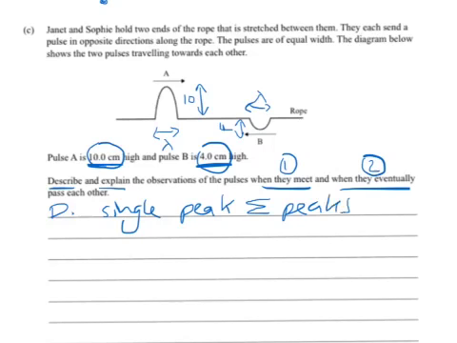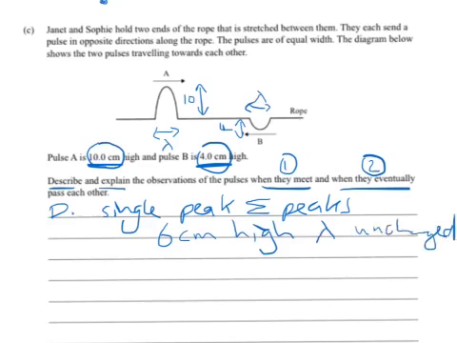So it will be, but because one's negative, the B pulse is on the bottom, we'd call that negative naturally, I'd say. It's going to be 10 minus 4, so it'll be 6 centimeters high. That will be that peak, and the wavelength unchanged.